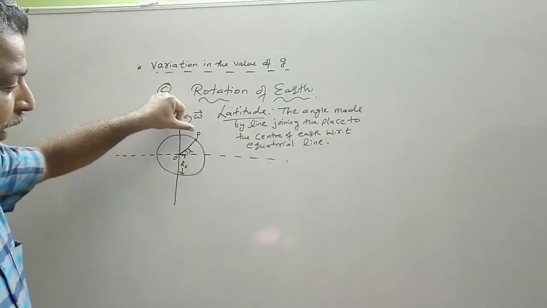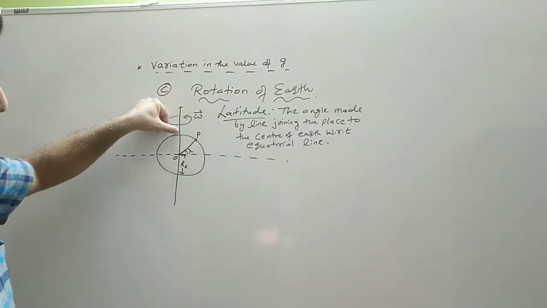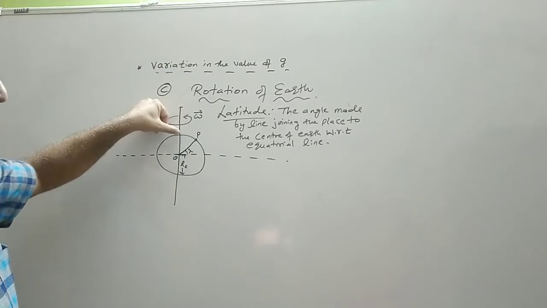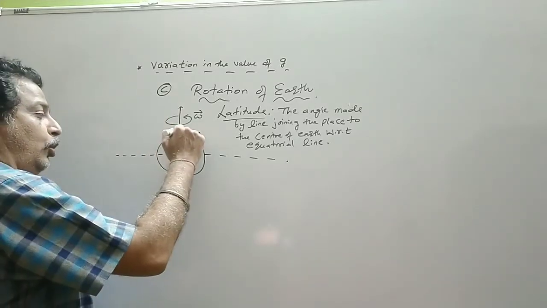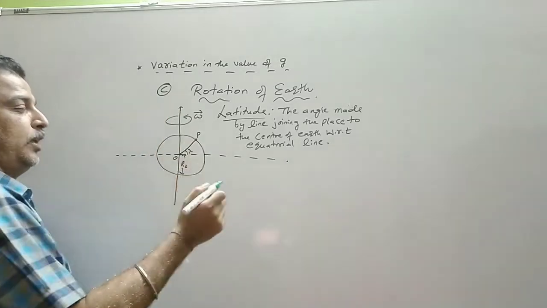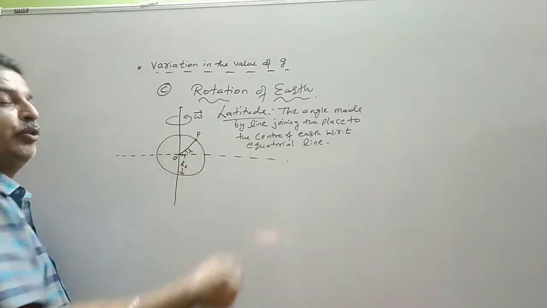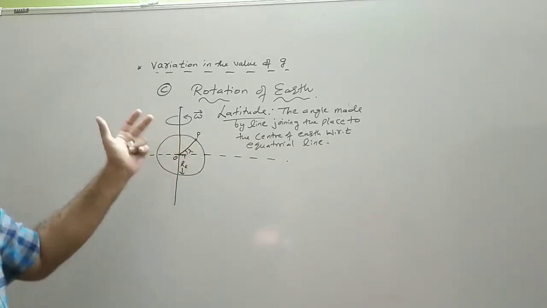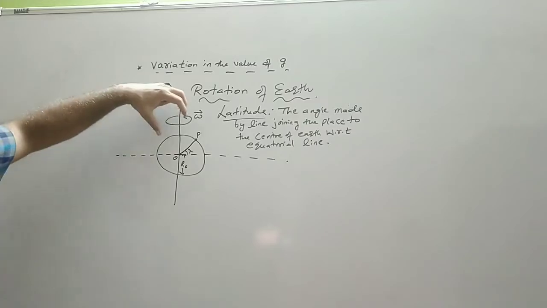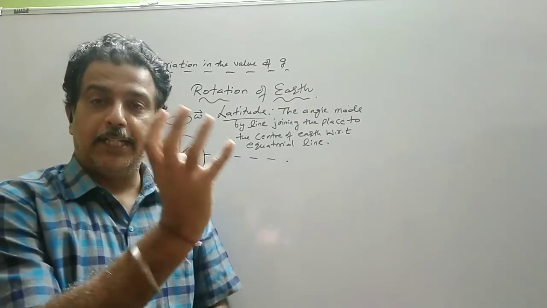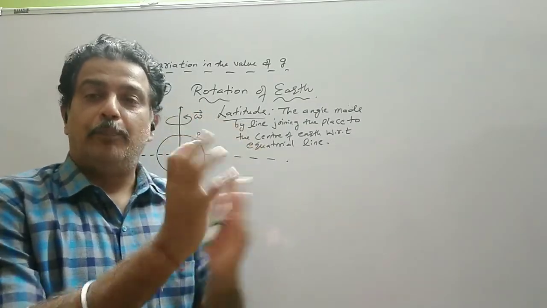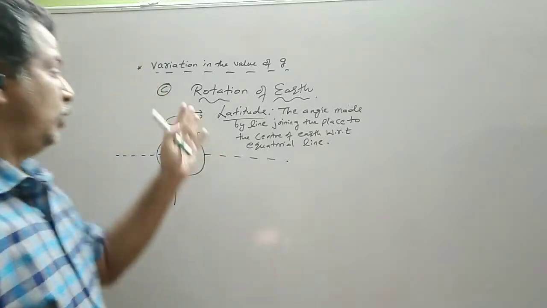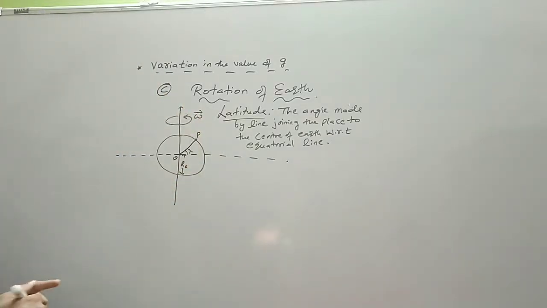Now if our place is at this point, this is the pole of the Earth and this is the equator of the Earth. So we are in between the pole and the equator. Now Earth at the same time is rotating about its polar axis. Let its angular velocity be omega.